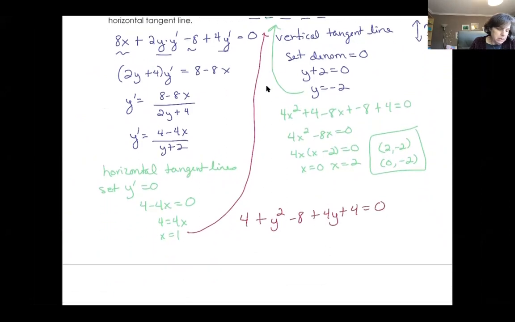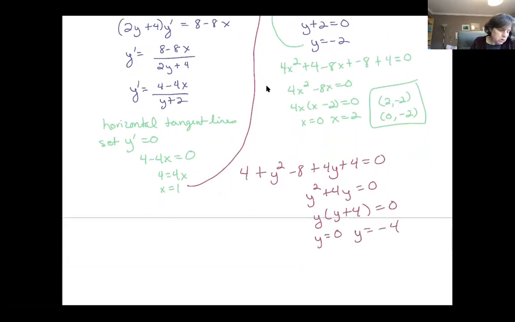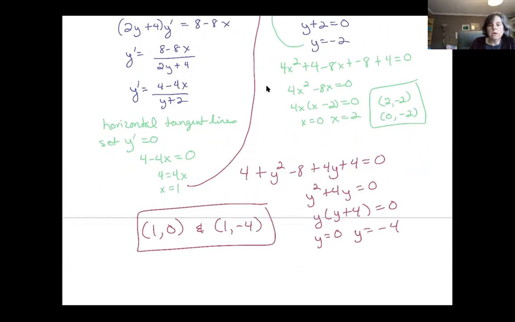So notice the 4 plus 4 and the negative 8 all cancel out. I'm just left with y squared plus 4y equals 0. Factor out a y: y times y plus 4 equals 0. y equals 0 or y equals negative 4. So those are the two values that go with 1. So (1, 0) and (1, -4) are where there are horizontal tangent lines.